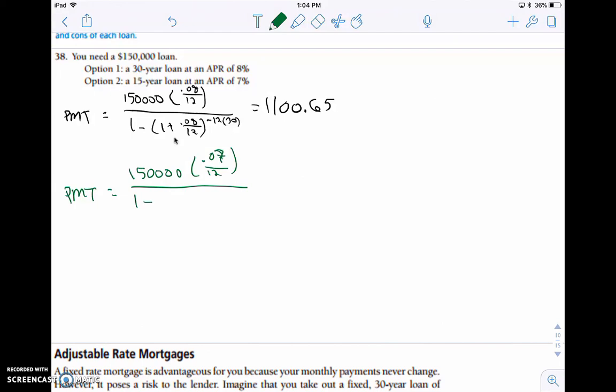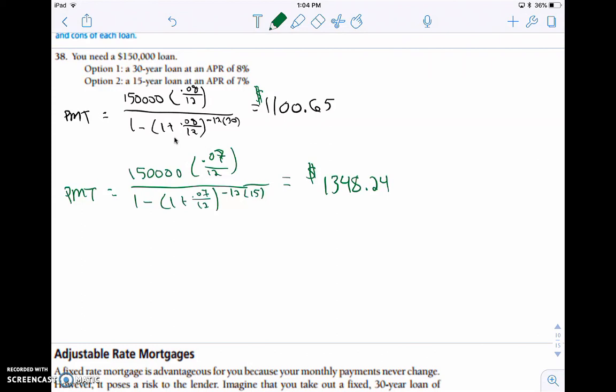And over 1 minus 1 plus 0.07 over 12, now raised to the negative 12, because we pay monthly, but times 15 power. So here we get an amount of $1,348.24.